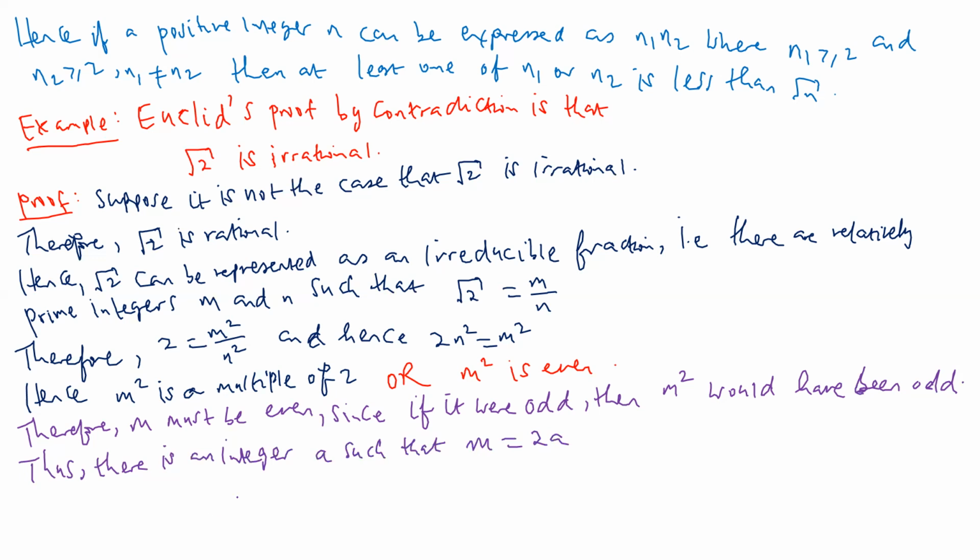The fact that m is even means that it's a multiple of 2. You can write it as 2 times some integer. And then we get the following. Hence, if you square it, it becomes 4a squared.